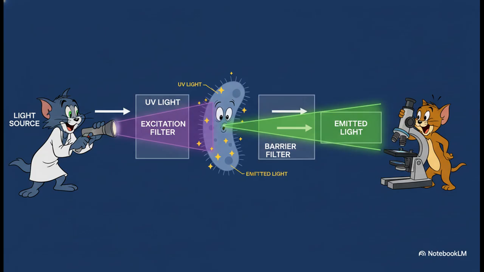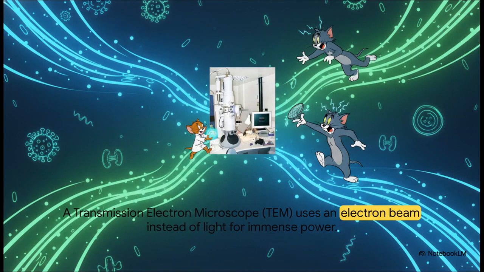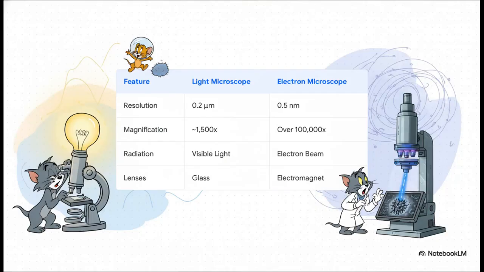It's incredibly specific. But to see the really small stuff, we're talking individual viruses or the fine-grained ultrastructure of a cell, visible light just won't cut it. The wavelength is too long. For that, we have to enter the realm of electron microscopy. These are incredible, sophisticated instruments that use beams of electrons instead of beams of light. I mean, just look at this comparison. It's not even close.